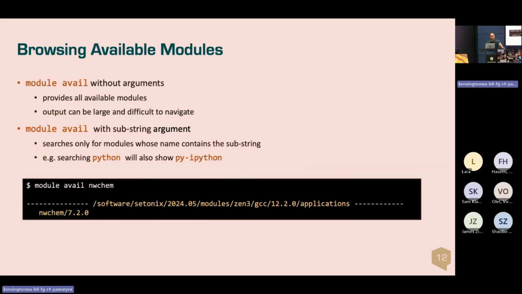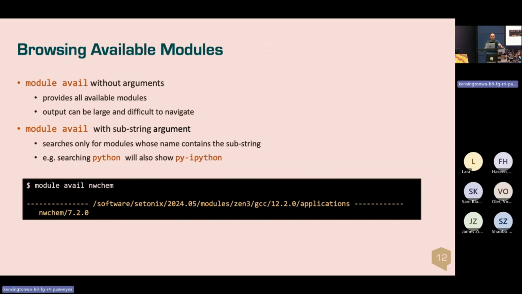Module avail without arguments will list all the modules that are available there, but you can also restrict the content of the output by providing a string, which is used to filter the module name.